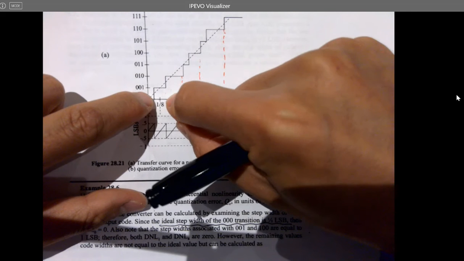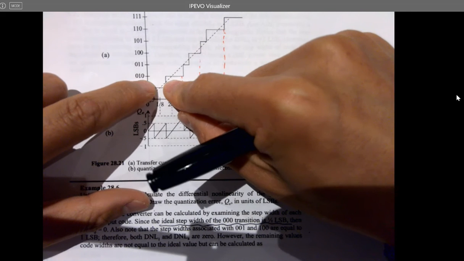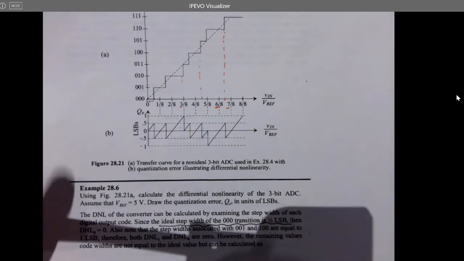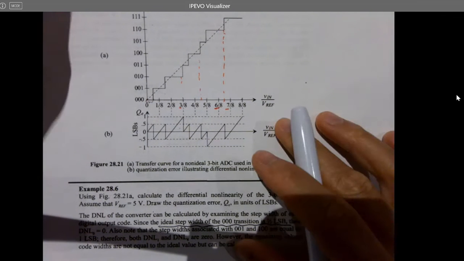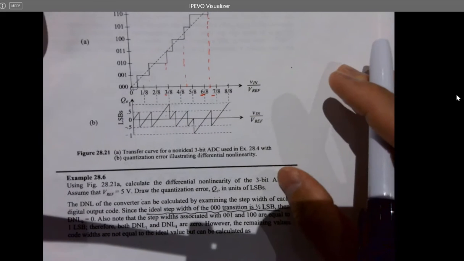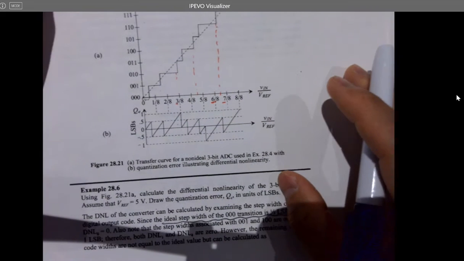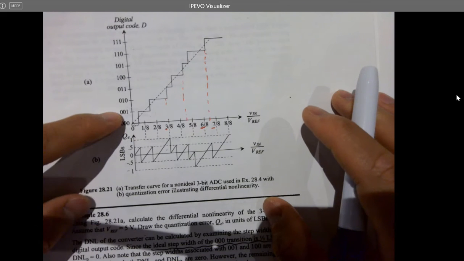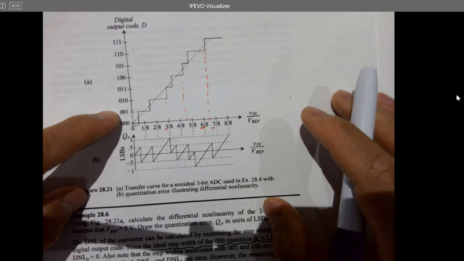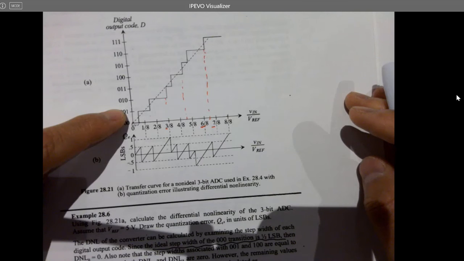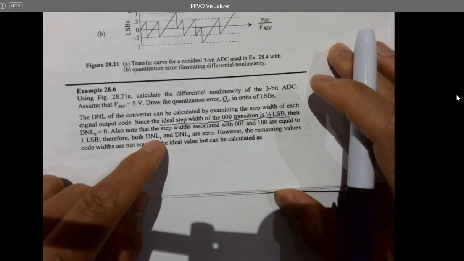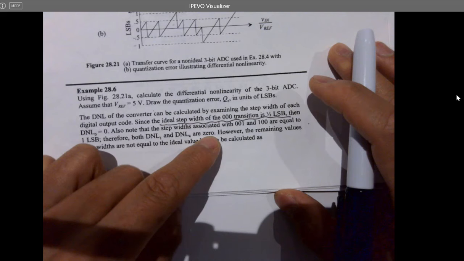See, from half to half, it's still 1 LSB. And ideal width should be 1 LSB as well. So there's no DNL. For DNL 1, you're looking at the digital data here, the label. DNL 1 is 0.